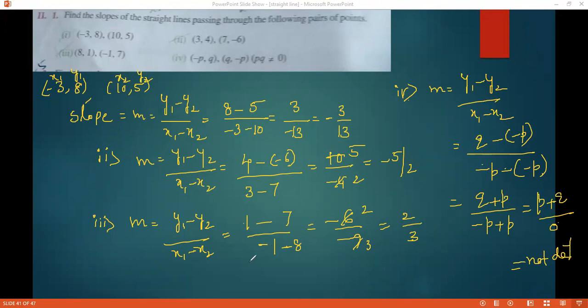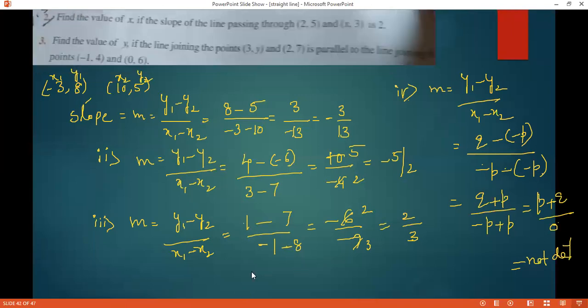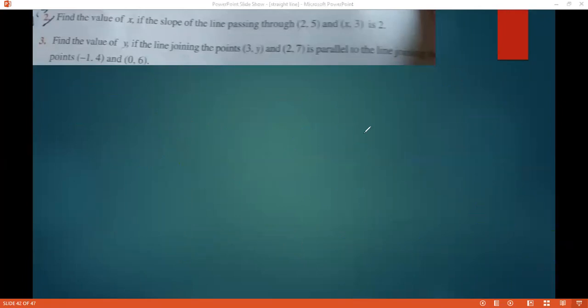Let us move to the next question. Find the value of x if the slope of the line passing through (2, 5) and (x, 3) is 2.